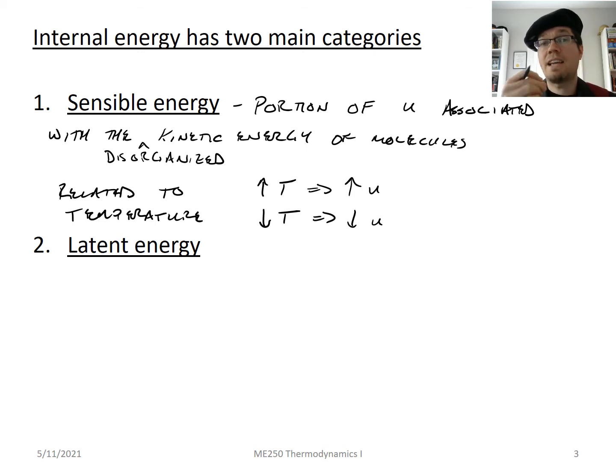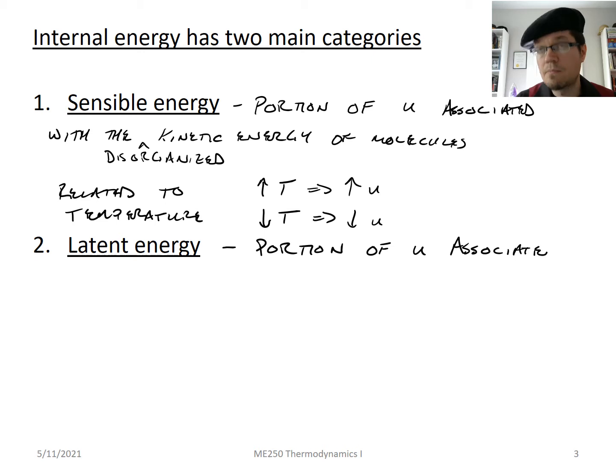And that's the second main kind of internal energy that we're going to deal with in this course, which is latent energy, which is the portion of the internal energy U that is associated with phase change of a system.